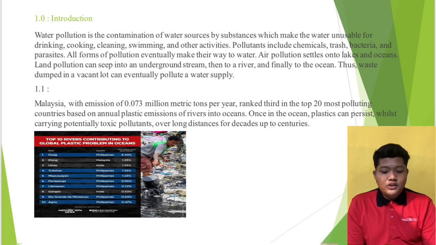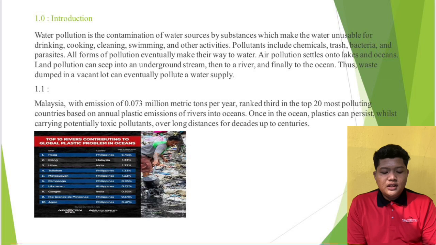All forms of pollution eventually make their way to water. Air pollution settles into lakes and oceans. Land pollution can seep into an underground stream, then to a river, and finally to the ocean. Thus, waste dumped in a vacant lot can eventually pollute a water supply.